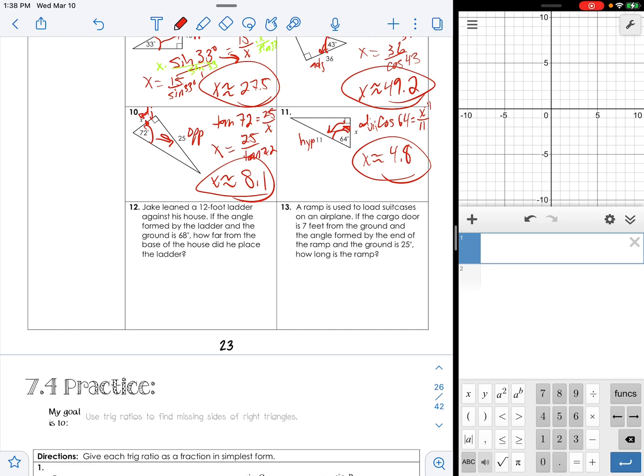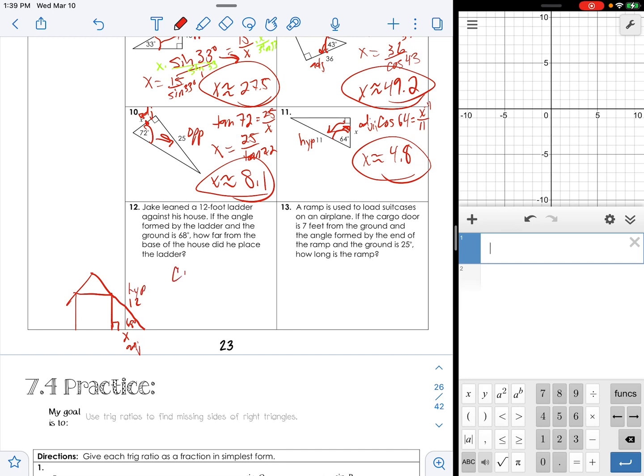Jake leaned a 12-foot ladder against his house. Okay, well, draw his house. And here's his ladder. We know it's 12 feet. If the angle formed by the ladder and the ground, so that's down here, is 68 degrees, how far from the base of the house did he place the ladder? Well, that would be this part, which is adjacent. And here's my 90 with the house, so that makes this my hypotenuse.